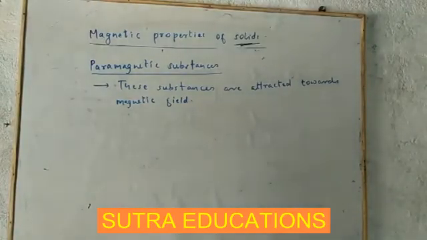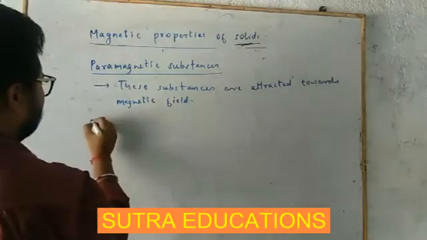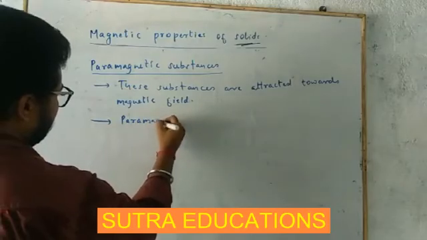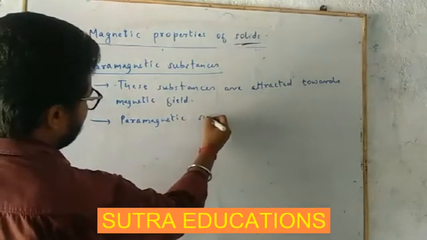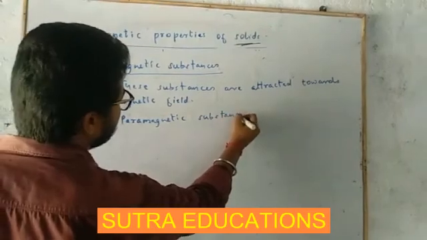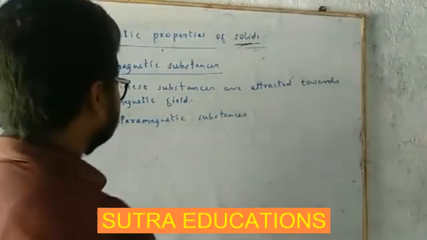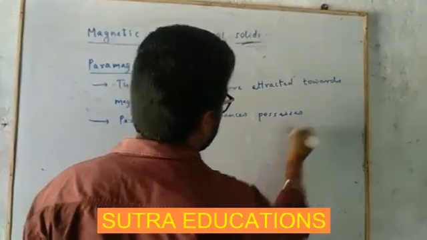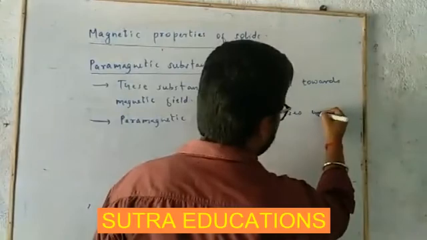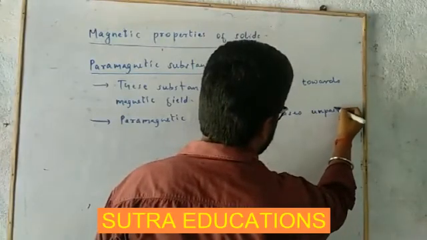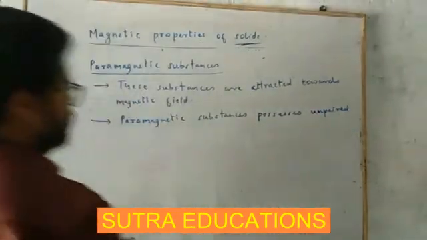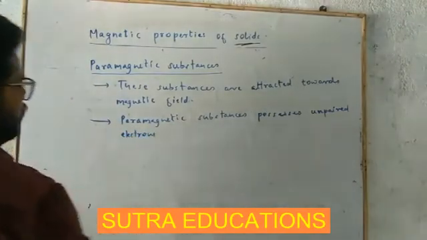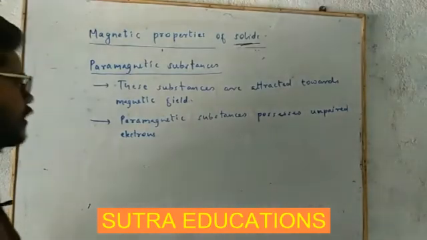Now come to what is paramagnetic. Paramagnetic substances possess unpaired electrons.